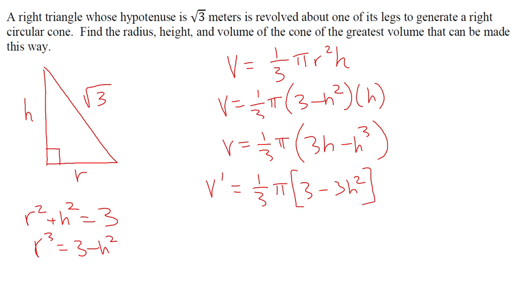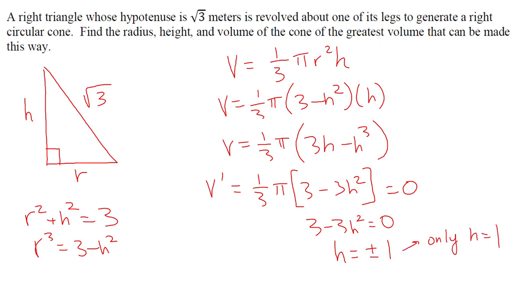And when we do that, we just set this equal to 0, which gives us, well, the 1/3 pi doesn't affect it. It's just 3 minus 3h squared equals 0, which gives us h equals plus or minus 1. So obviously a height of negative 1 doesn't make any sense, so only a height of 1 makes any sense here.